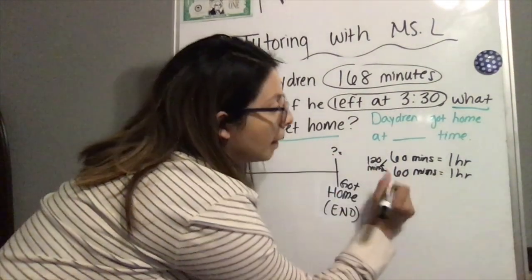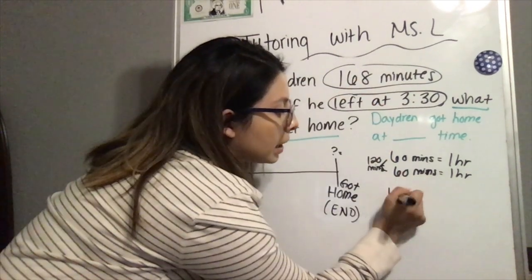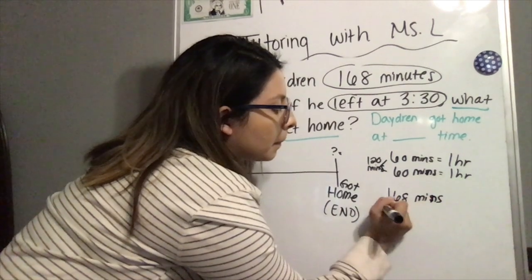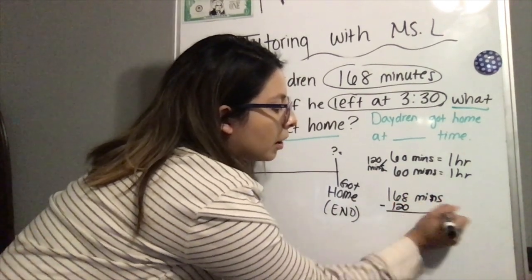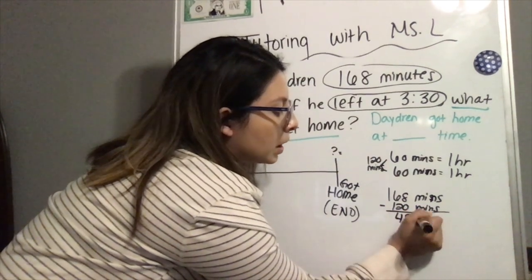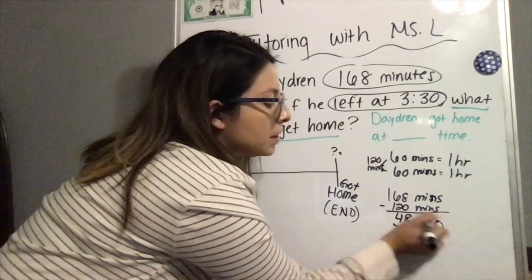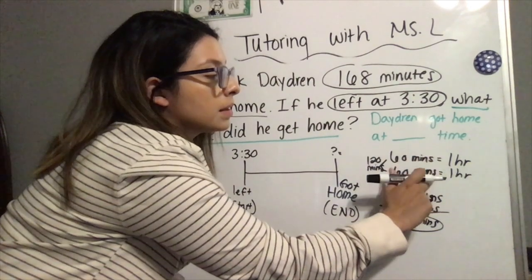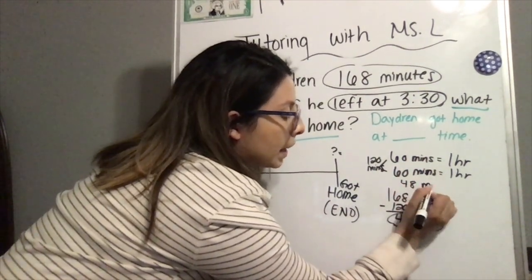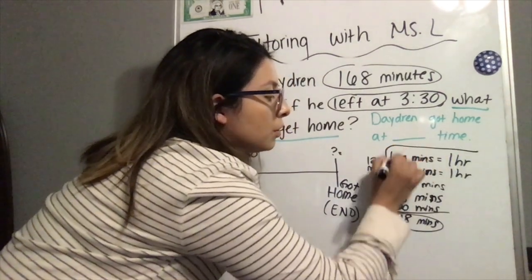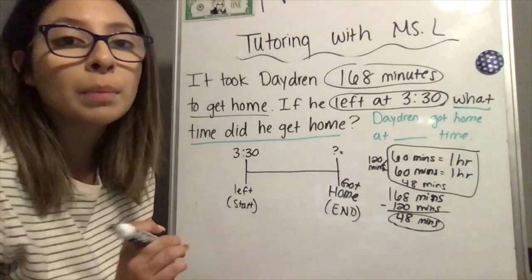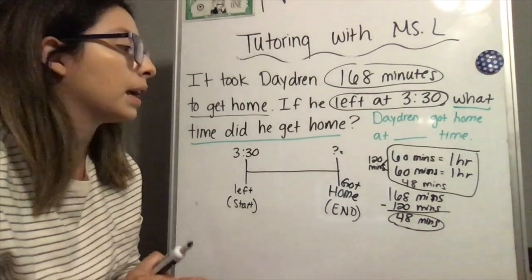I'm going to take my total 168 minutes and take away 120, which is what I already have. And I am left with 48 minutes. So I just found out there's 60 minutes, and then what I have left is 48 minutes. So you just found a way more simpler method, whatever you want to say, simplified.